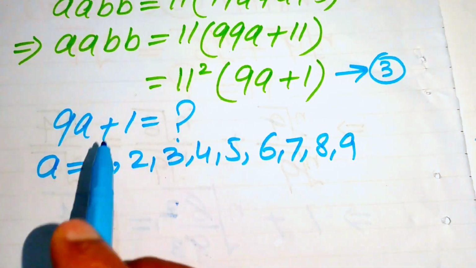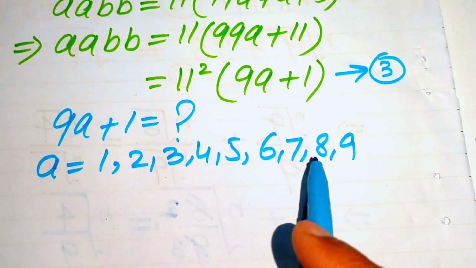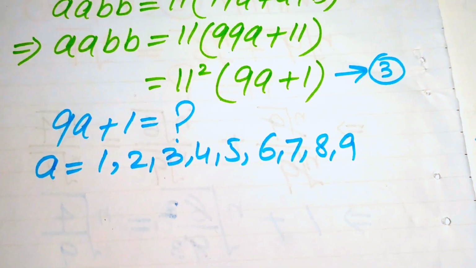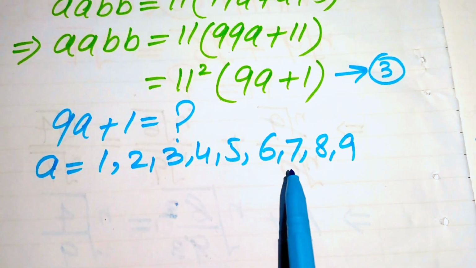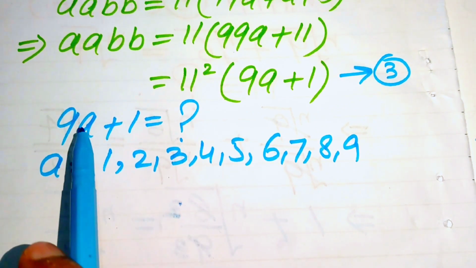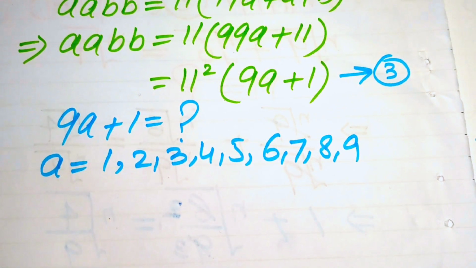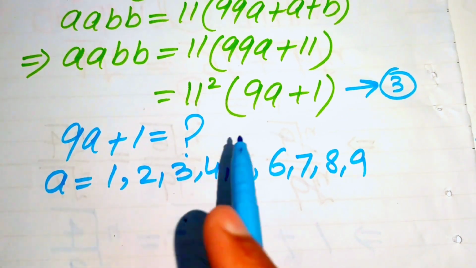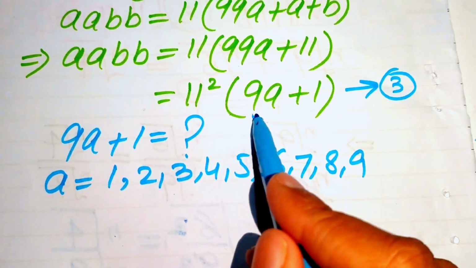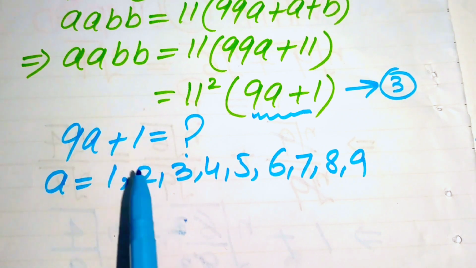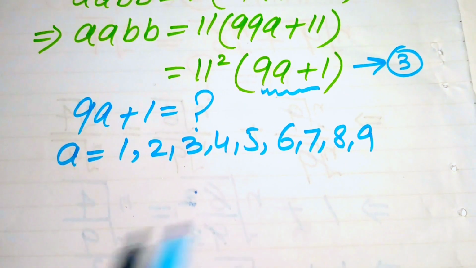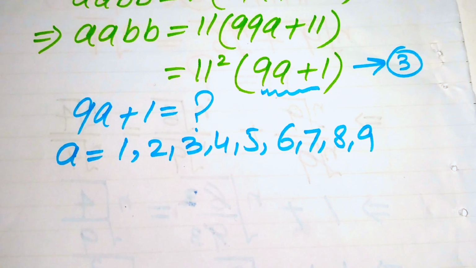So we choose the value of a which makes 9a plus 1 a multiple of 11. So now we check all these values one by one.